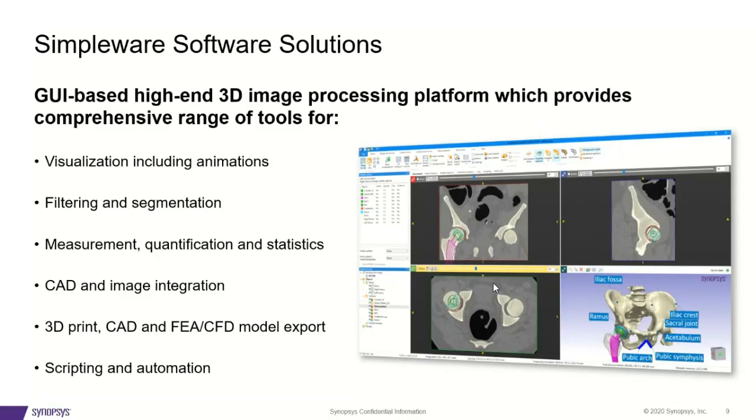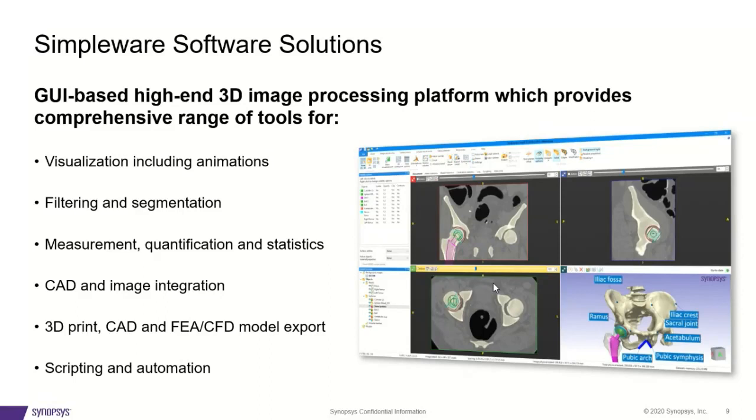You can bring in CAD geometry, position it, label different parts, different landmarks, things of that nature, and export models from there for CAD, 3D printing, or even finite element or computational fluid dynamics modeling. So really going from the image to the model and bridging that gap.